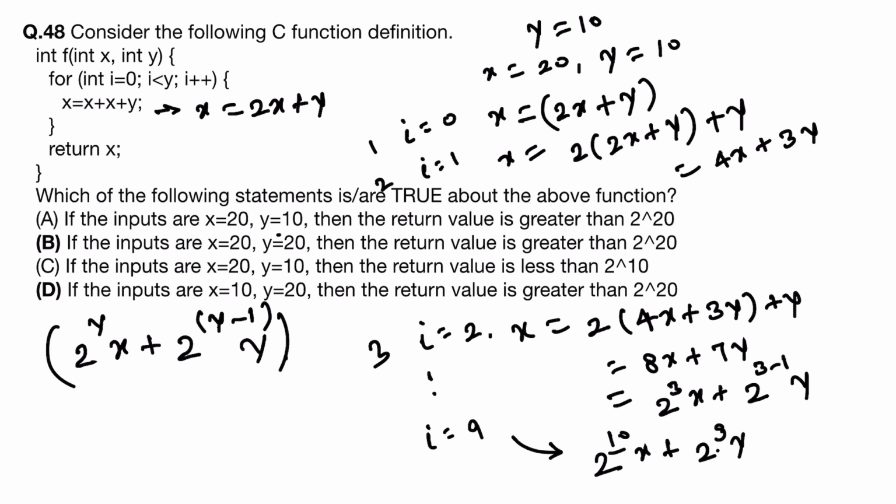So first option, 2 to the power 10 x is 20, plus 2 to the power y minus 1. So here 2x plus y.